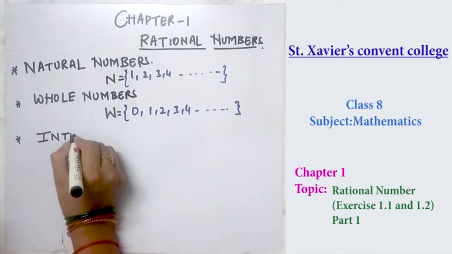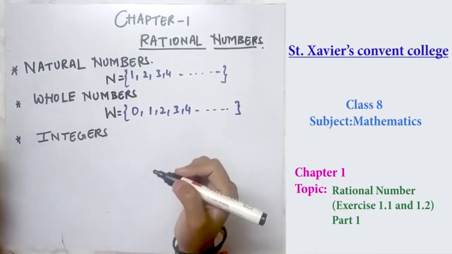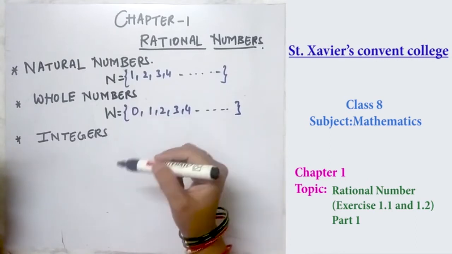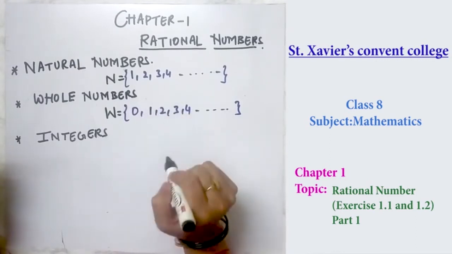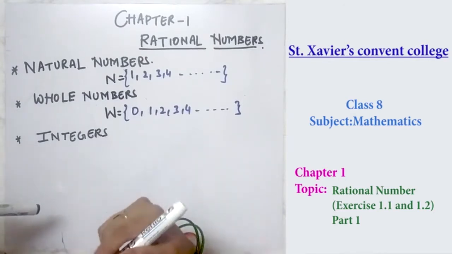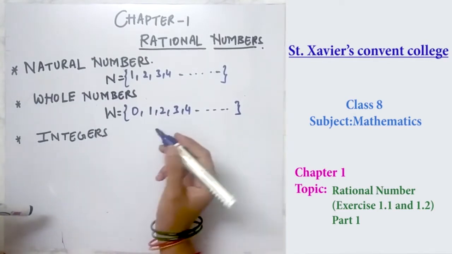The next is integers. Integers contain both the natural and the whole numbers, and the natural numbers with the negative sign. That is, integers are those which you can write on the number line also.